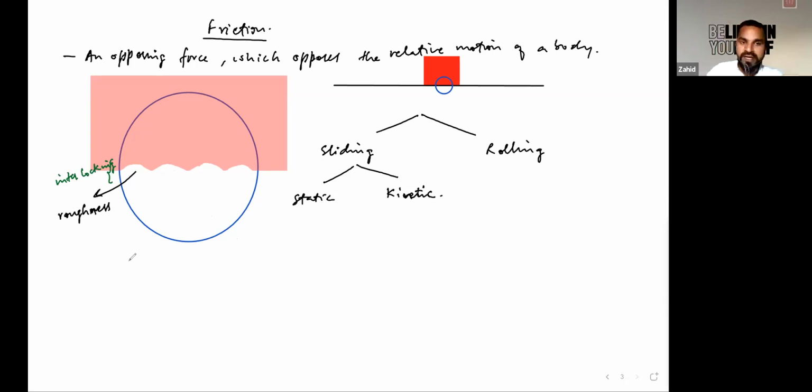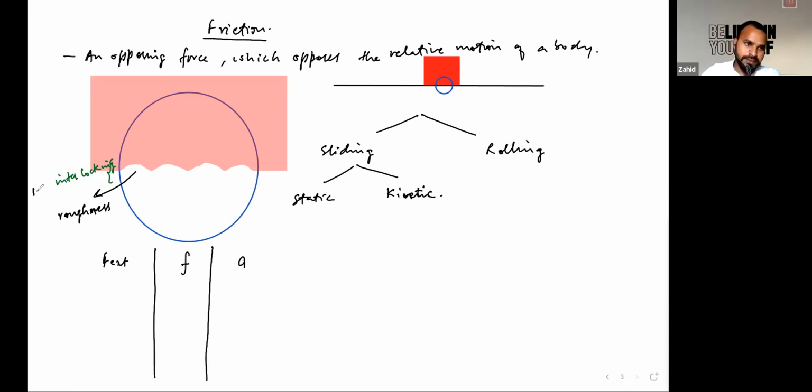So if I define acceleration of this block, there will be F external, frictional force, and acceleration.